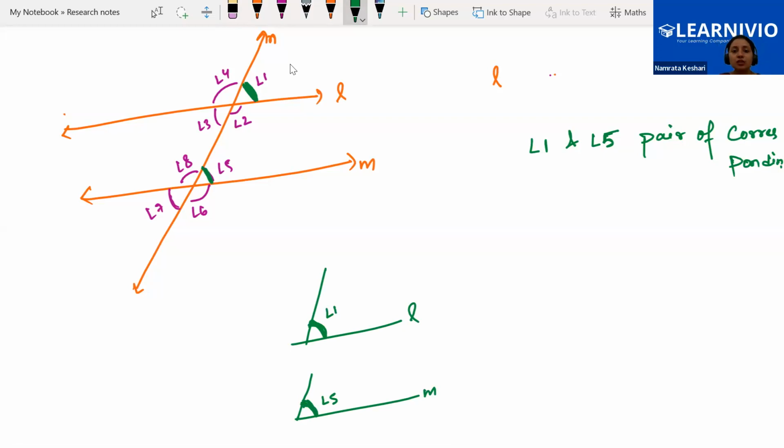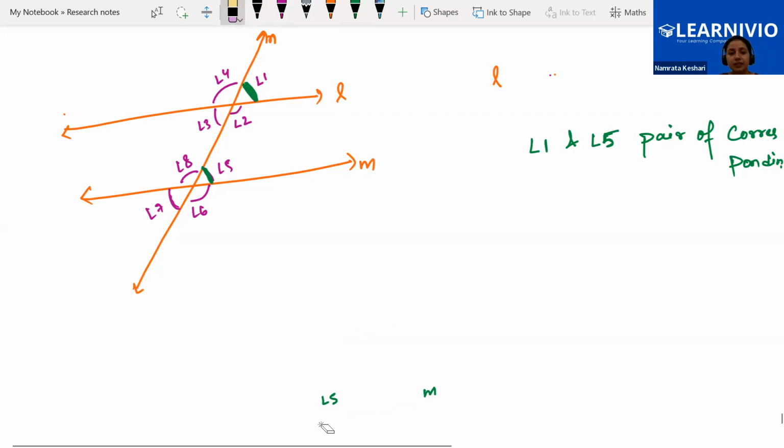Similarly, let's focus on the downward part. Can you tell me what can be the other pair of corresponding angles? Anyone? Angle 4 and angle 8. Exactly. What else? Angle 4 and 8 are also corresponding.